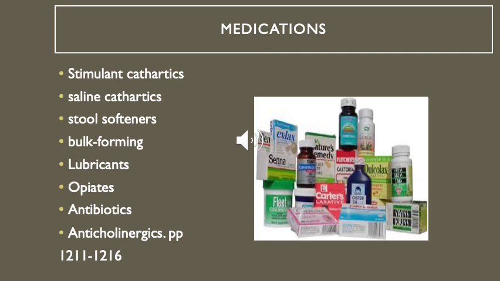You want to get a new one, or just have it clean and dry, so it can be rinsed and so forth. If they're having a bowel movement, we can catch that for a stool specimen, and it can then be placed in a stool cup and sent to the lab.